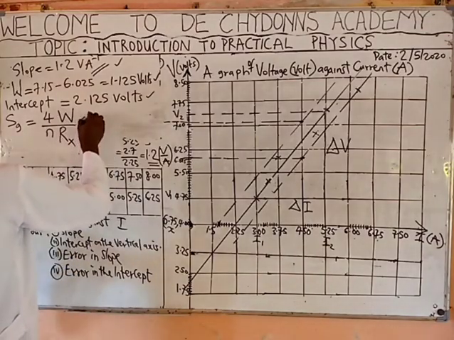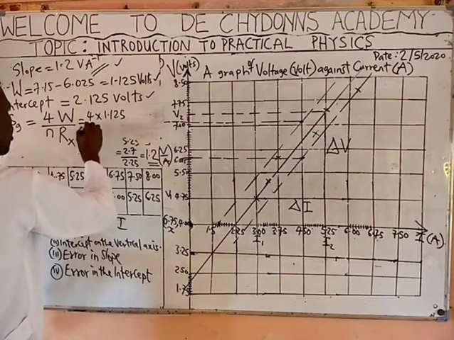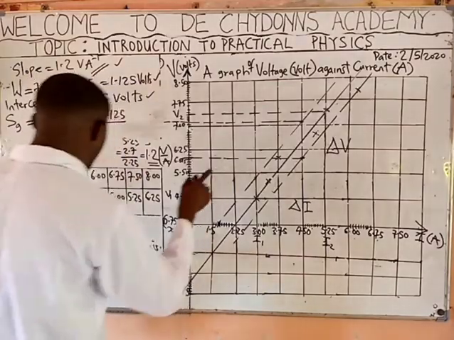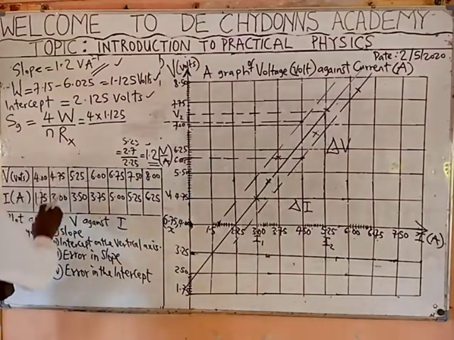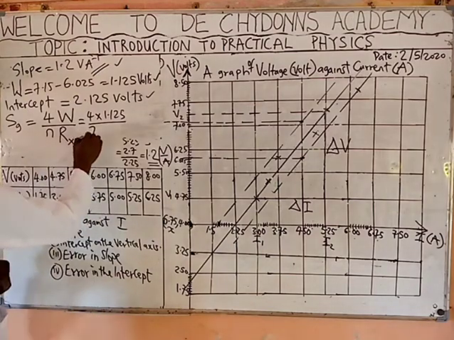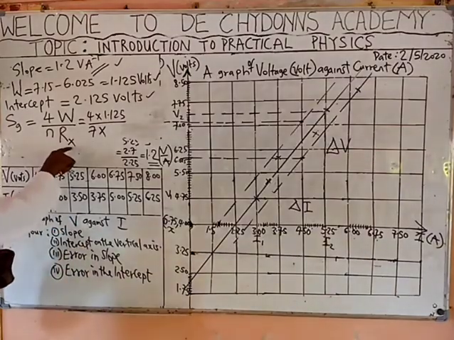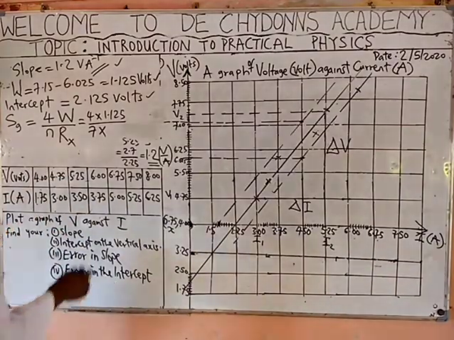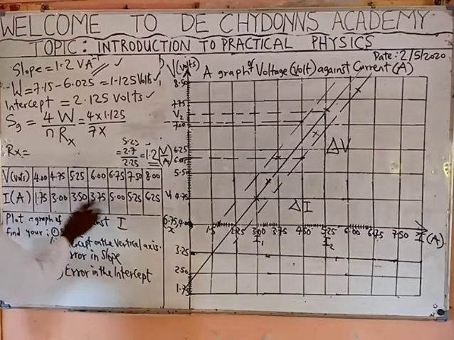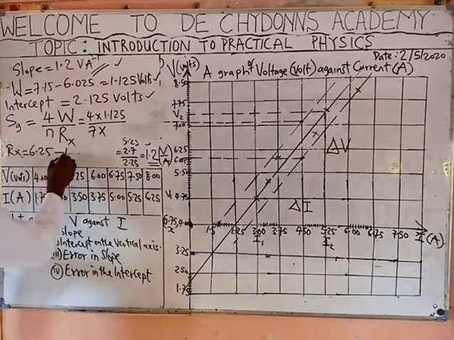We say 4 times 1.125 all over. What is your n? How many plots do we have? 1, 2, 3, 4, 5, 6, 7. We have 7 plots. Then RS means range in the horizontal axis. RS equals the highest in the horizontal, 6.25 minus 1.75.